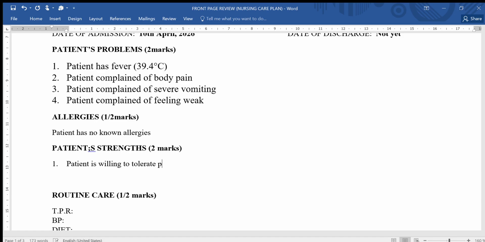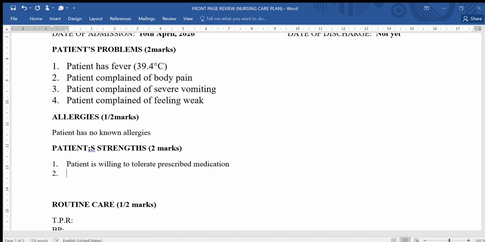Prescribed medications. Okay, so I leave it as medications because it could be antipyretics, it could be plasmodic. So that's it.